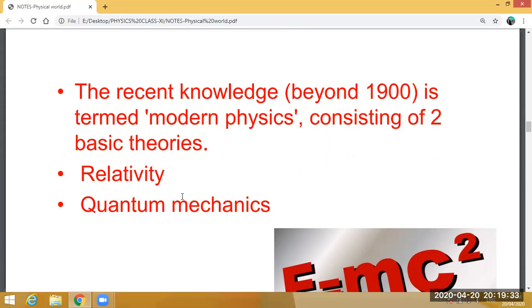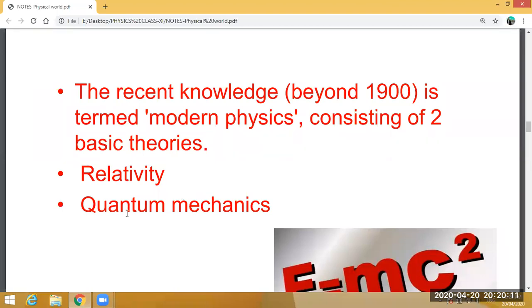You will study a little bit about quantum mechanics here in chemistry, like quantum numbers and many other things, but in higher classes you will study what quantum mechanics is. Quantum mechanics is so important that it can deal with the study of microscopic systems as well as macroscopic systems. Microscopic systems like atomic structure, and macroscopic systems like galaxies and star systems, etc.